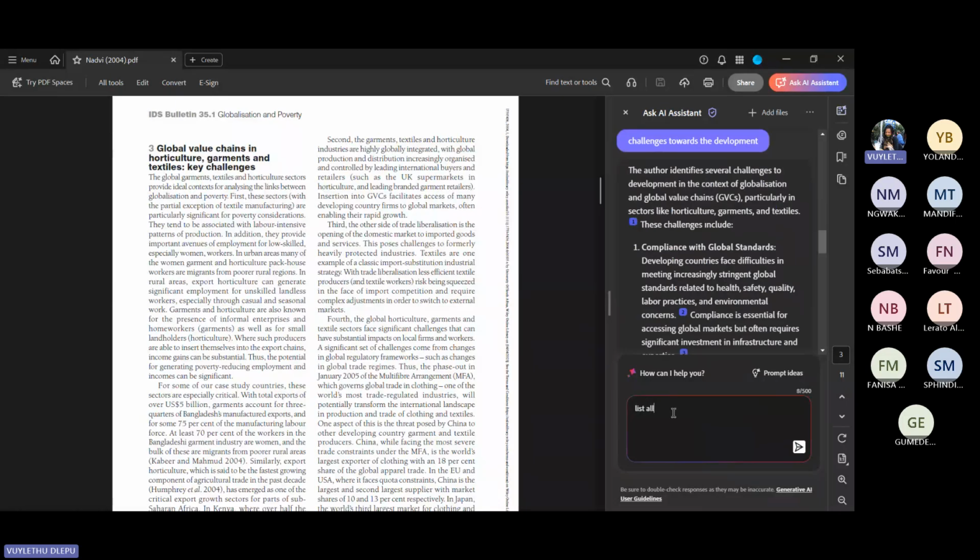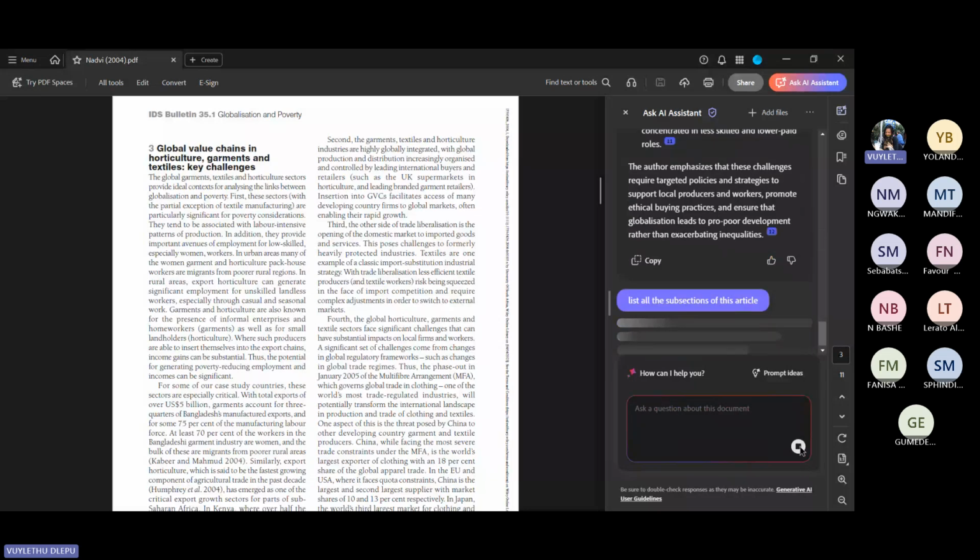I always ask for all the subsections to be listed so that I can go through them first. List all the subsections of this article, because then I'm able to see which section I'm going to jump to. So I said list all the subsections of this article. Let me just first look at the subsections.